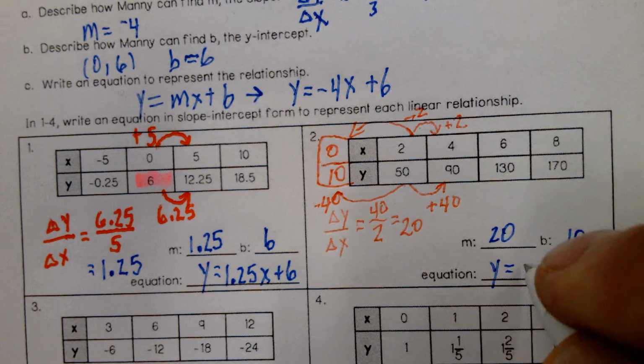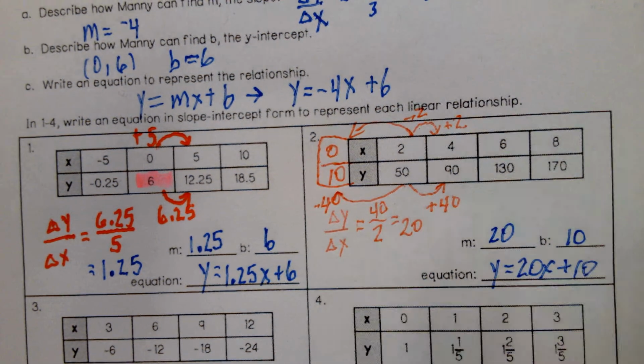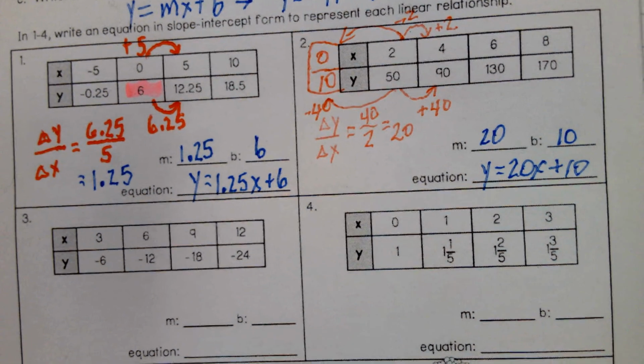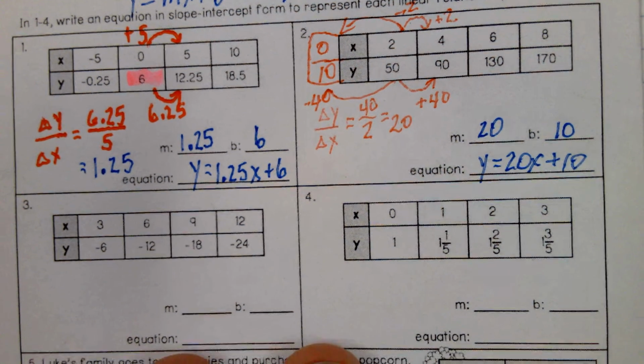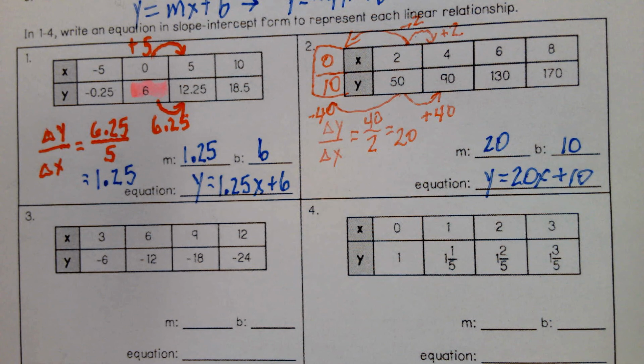So y equals 20x plus 10. Okay? All right. So any questions? If it's easy, like this one was easy, to move backwards to get your 0 value for x, do that. But sometimes it may not be easy, or sometimes it may be easier to find a different way. Yes, Dave. 3 and 4.